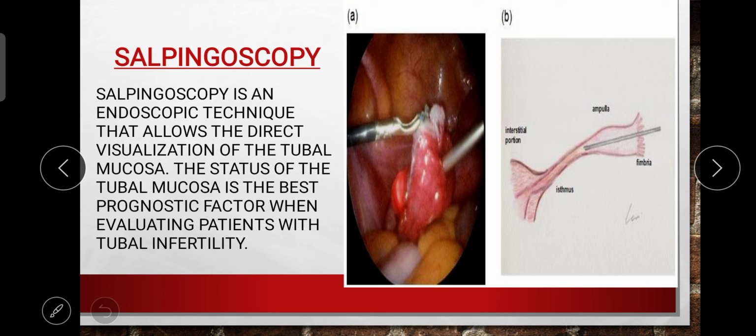Tubal infertility means that sometimes, because of a congenital defect of the tube, the woman is unable to get pregnant, or sometimes the baby implants in the tube instead of the uterus. So if there is any defect in the fallopian tube, they find it through salpingoscopy.